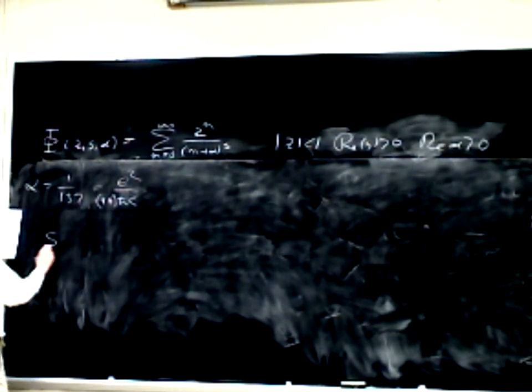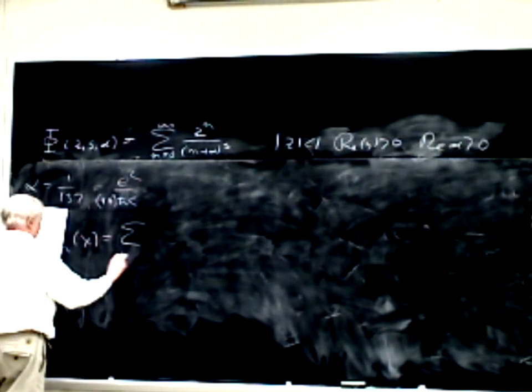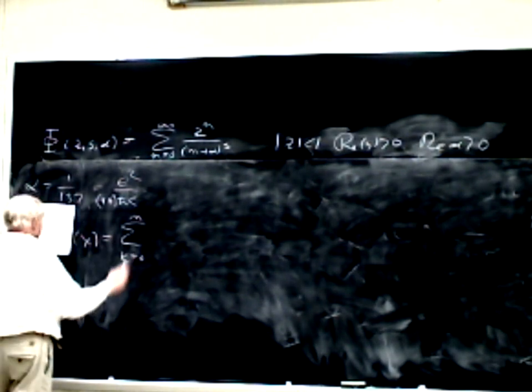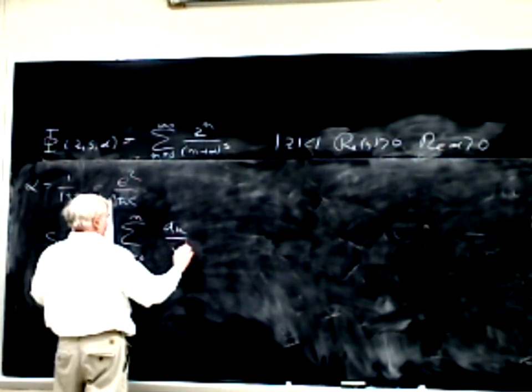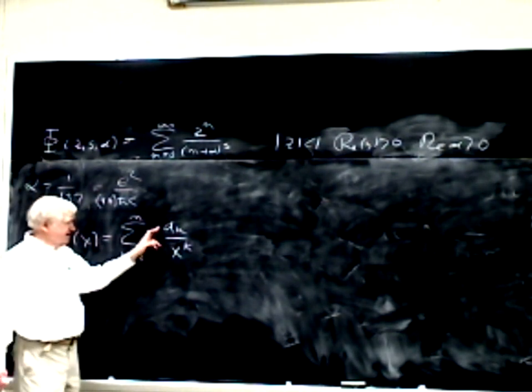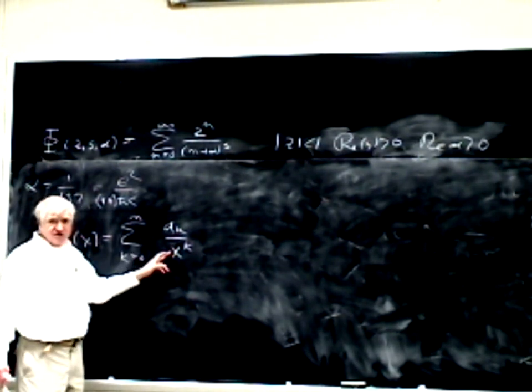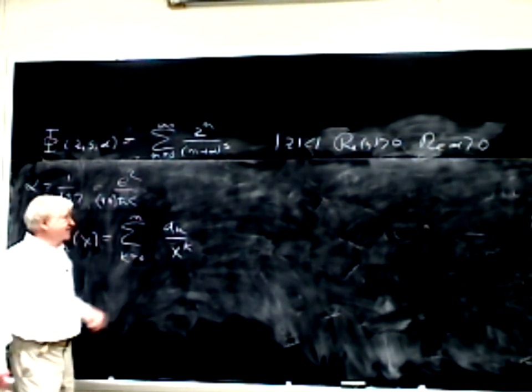Okay, so if we have a series S_n of x, the sum k equals 0 to n, a sub k over x to the k. Notice now, for some reason, the mathematicians, instead of talking about series in a small parameter, talk about series in inverse powers of a large parameter, which amounts to the same thing.